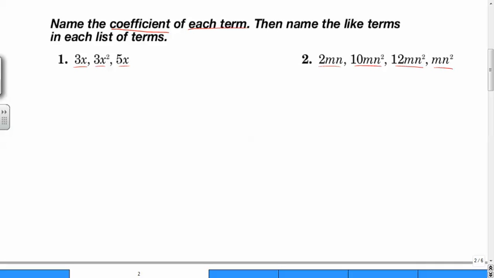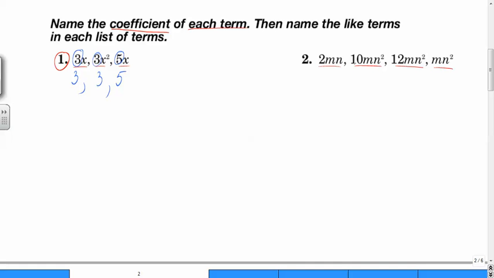Terms in the first list, number one: the coefficient is the number that stands by your variable, by your letter. In this case, you have 3 for this term, 3 for the second one, and 5 for the other one. Simple like that. Just the number that's by the variable.